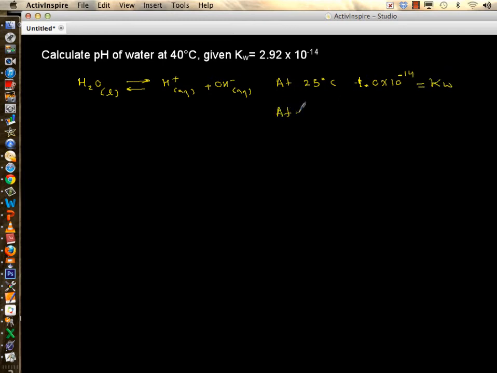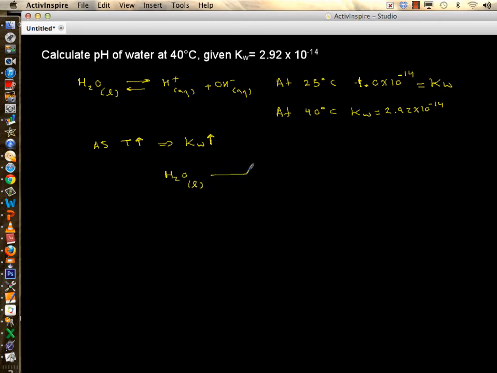Now in this question, at 40 degrees Celsius, Kw is 2.92 times 10 to the minus 14. Before we answer that question, let's decide if it's endothermic or exothermic. As temperature increases, Kw increases. What does it mean?